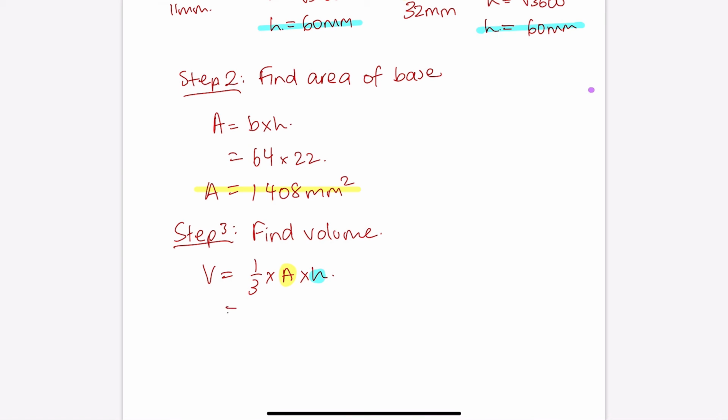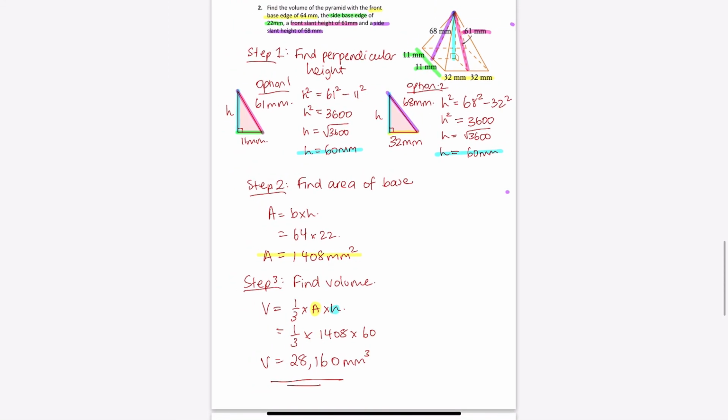Okay, so let's substitute those values in. So 1/3 times 1408 times 60, and that in the calculator equals 28,160 millimeters cubed.